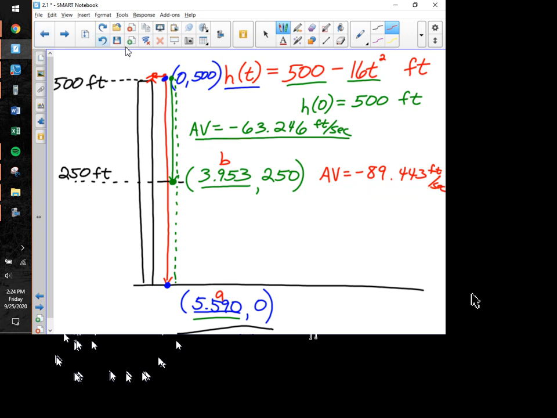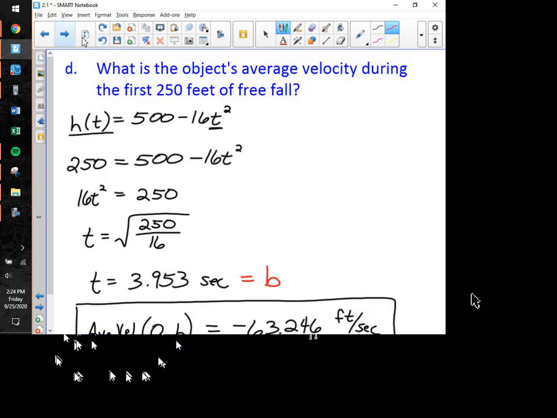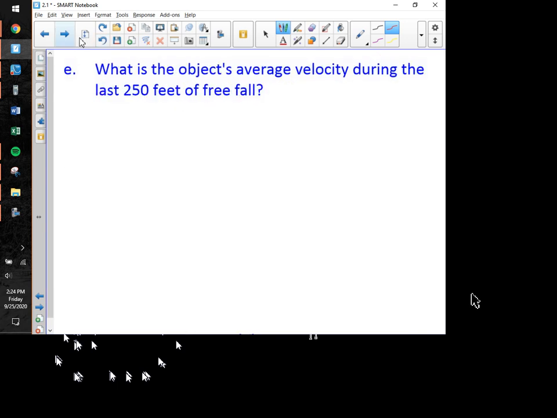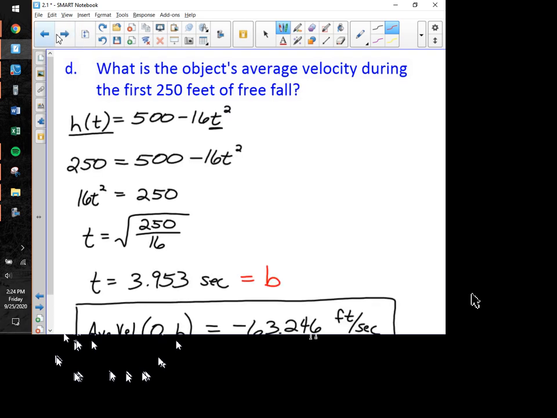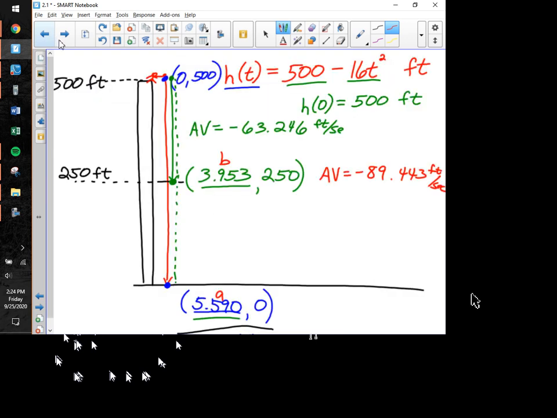Okay, let me get rid of this, and I think we're in pretty good shape. What's coming next? I bet you could guess. What is the object's average velocity during the last 250 feet of free fall? So the last 250 feet, I'm going to do this in green again, would be this stretch right over here.